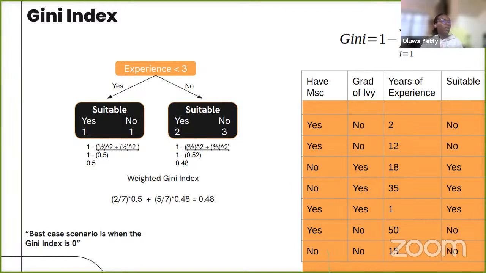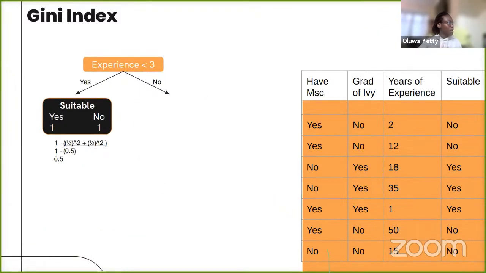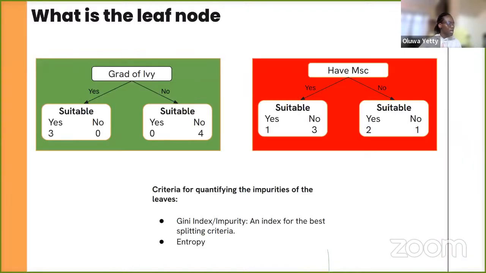Okay, I'll be moving a bit faster now because of time. But the best case scenario is when your Gini index is 0. If we look at this, you will see why we say this one is pure. Because by the time we do the Gini index of this, when you are doing 0 over something, it's going to give you 0, right?